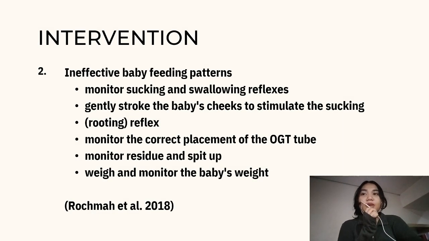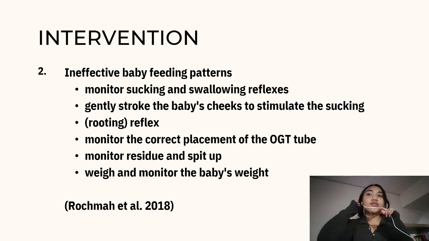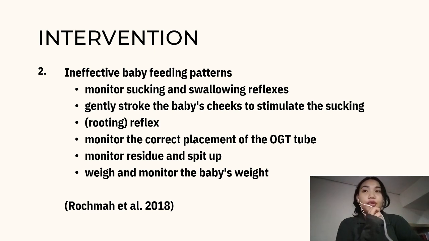For ineffective infant feeding pattern, the interventions are monitor sucking and swallowing reflexes, gently stroke the baby's cheeks to stimulate the sucking or rooting reflex, monitor the correct placement of the OGT tube, monitor residual and speed up, and monitor the baby's weight.